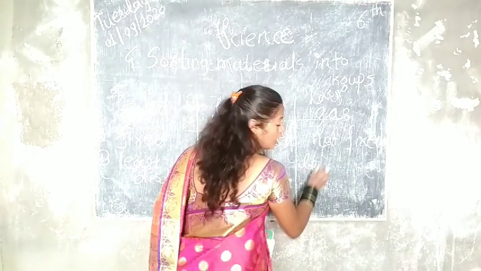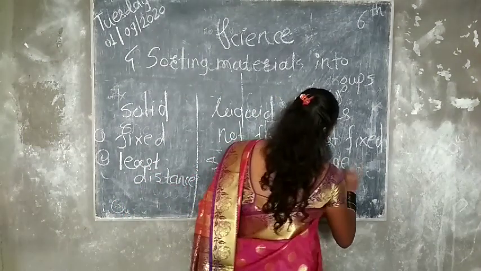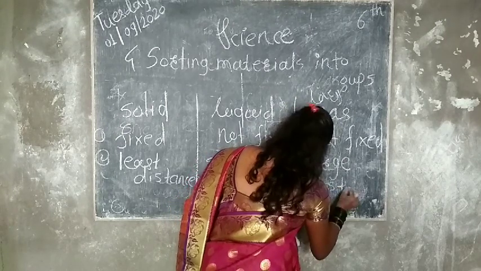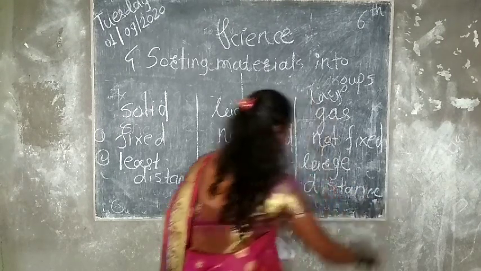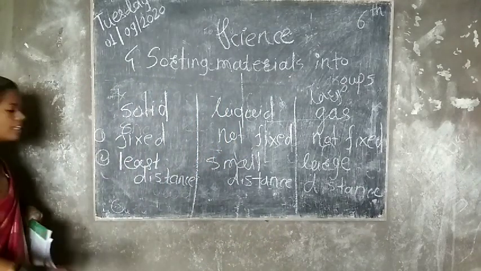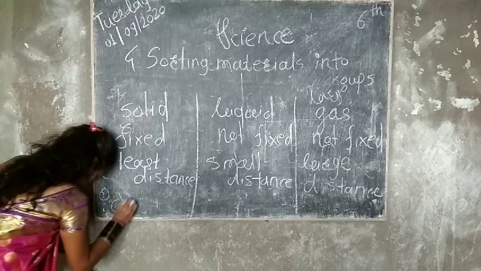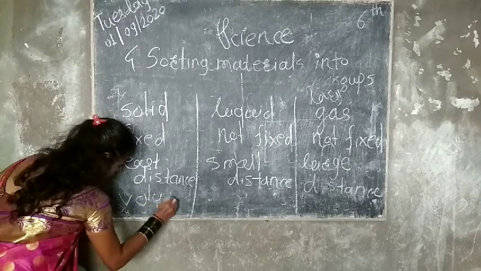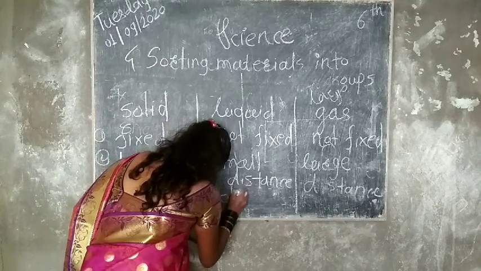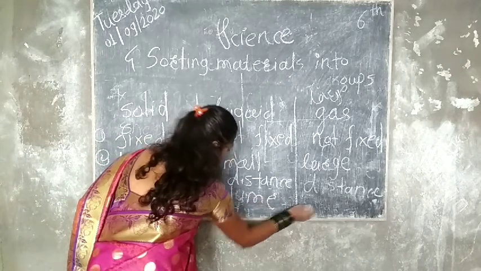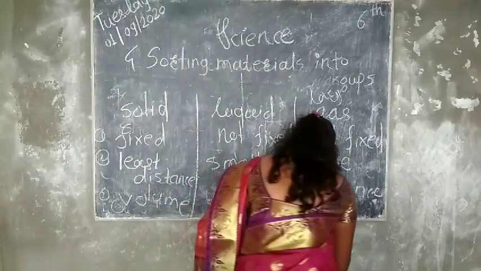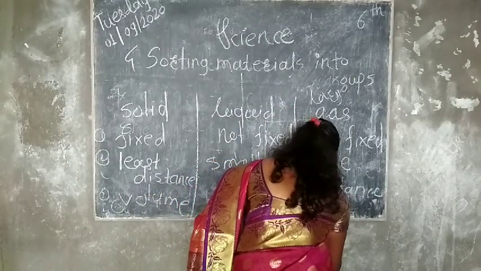Can I write here large distance? Yes, large distance. Third, regarding volume. Yes, solid has a definite volume. Obviously, liquid has a definite volume. And gas does not have a definite volume. So, no definite volume.